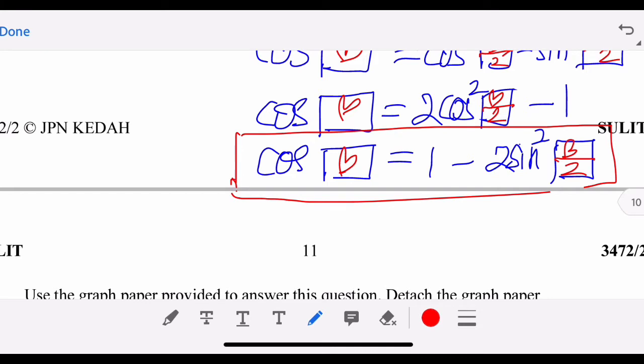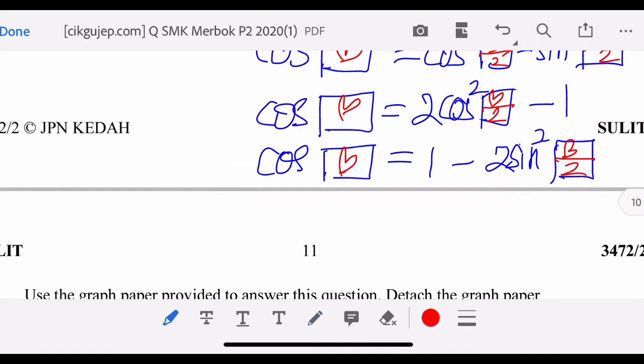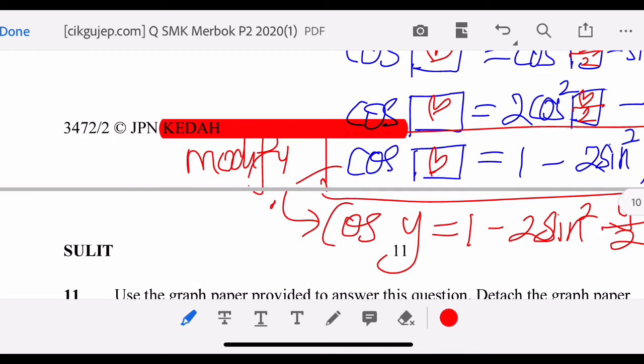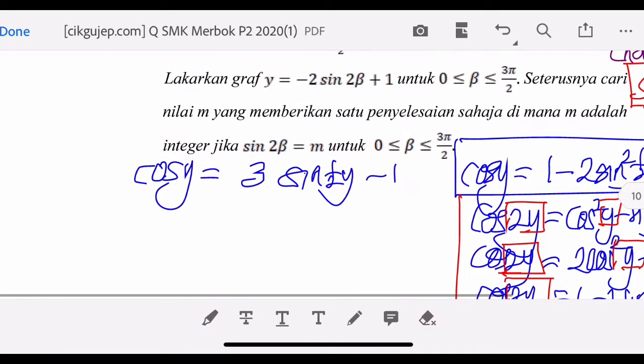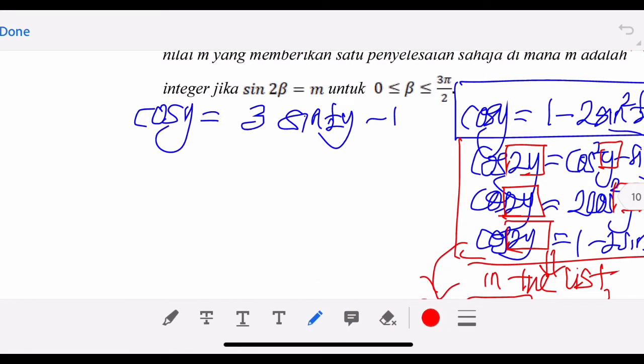So we are going to use this one: cos 1 love equal to 1 minus 2 sine square half love. Of course, the love is y. Cos y equal to 1 minus 2 sine square y over 2. So you need to modify the formula so that you can actually use it in the equation later on. I'm sure now you have a clearer picture of how the half angle comes about.